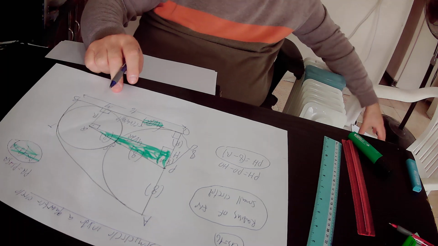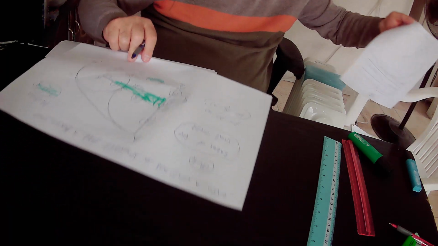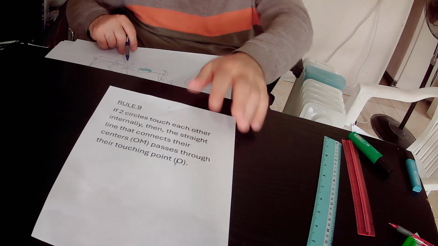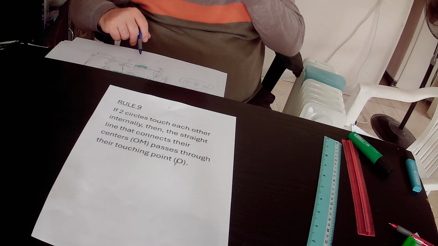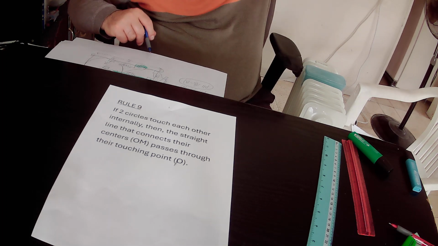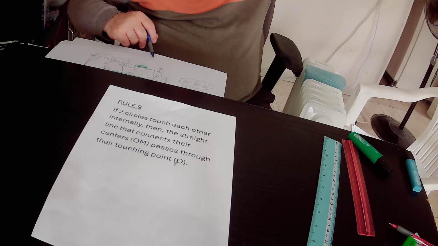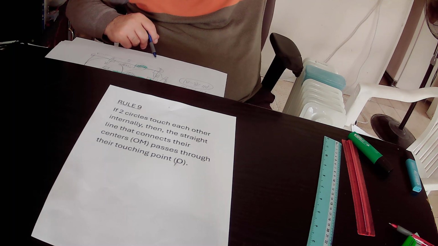I'll repeat quickly on rule 9. According to rule 9, if two circles touch each other internally, then the straight line that connects their centers together passes through their touching points.